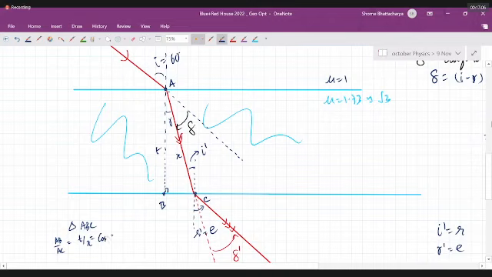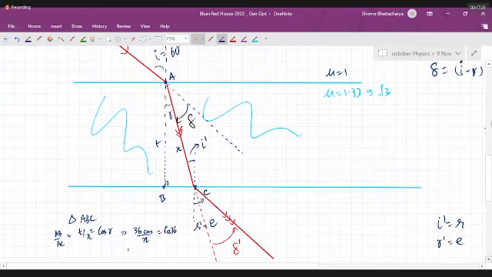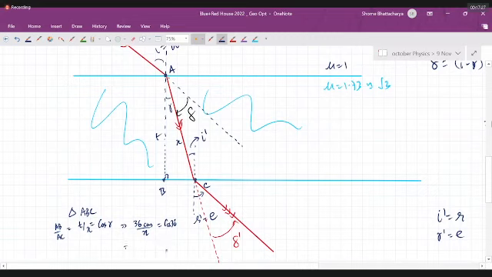cos r. So that thickness was given to us as 36 centimeters divided by this hypotenuse is cos 30. So x becomes 72 by root 3, or 24 root 3 centimeters.